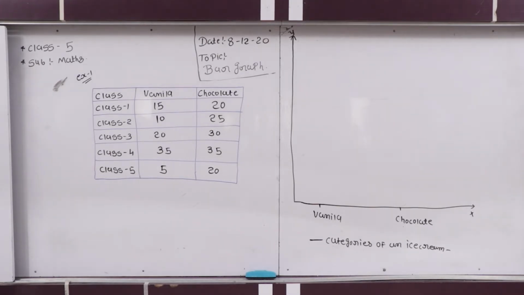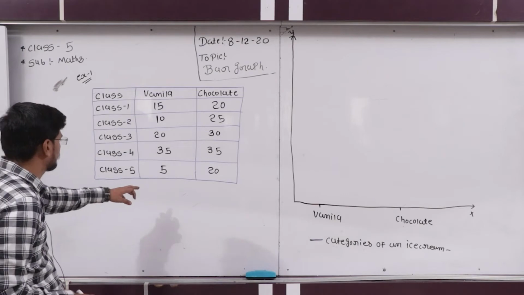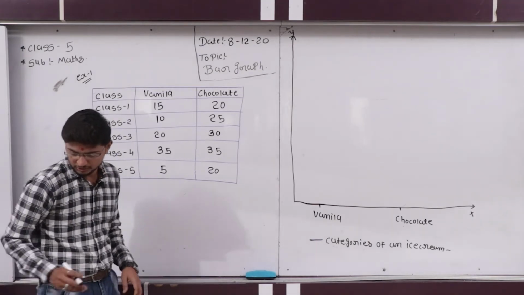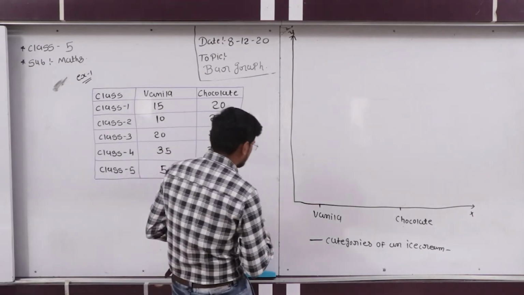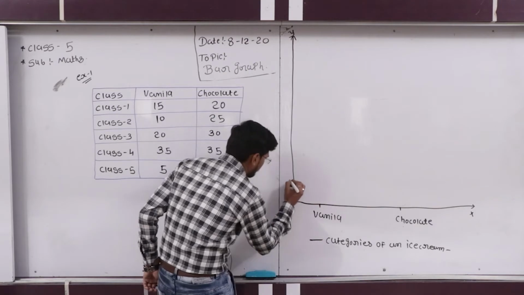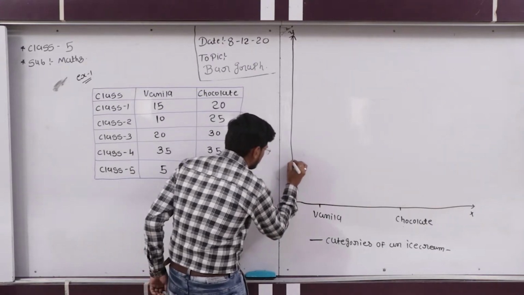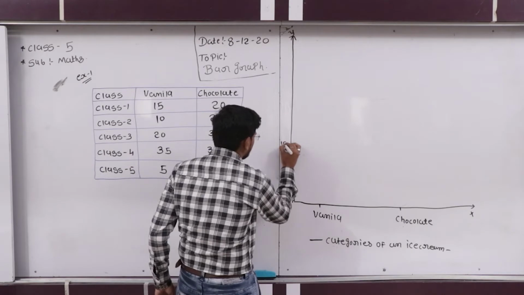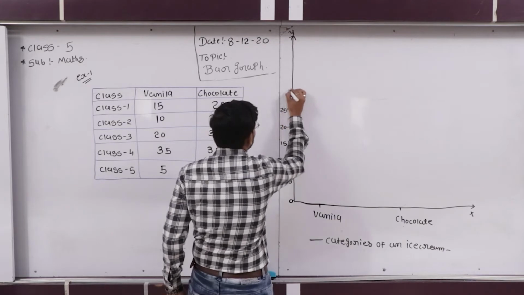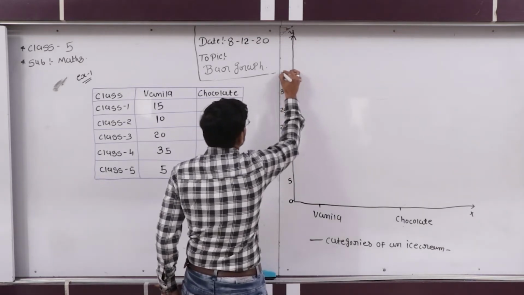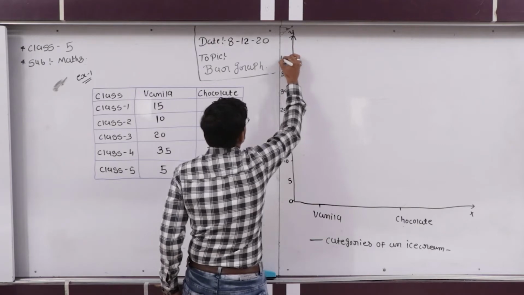So it starts from 0 to 35. We take 0 to 40 students on the y-axis. So it starts from here 0, 5, 10, 15, 20, 25, 30, 35, and here 40.